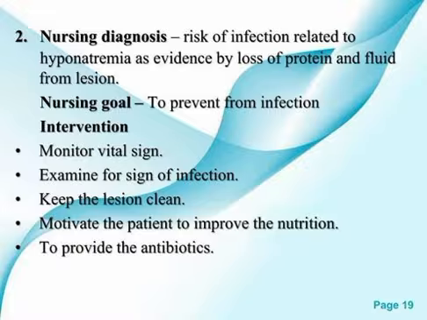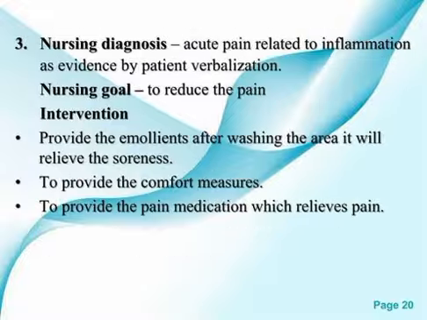Next, we have to examine for signs of infection. We have to keep the lesions completely clean. And we have to motivate the patients to improve their nutrition, and we have to provide them with good antibiotics. So these are some of the interventions given to prevent the patients from infection.